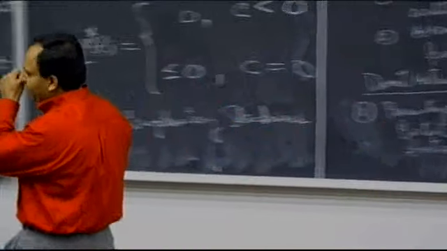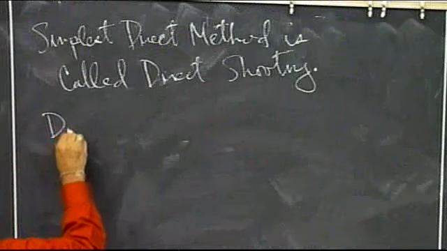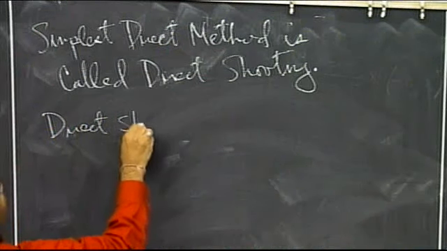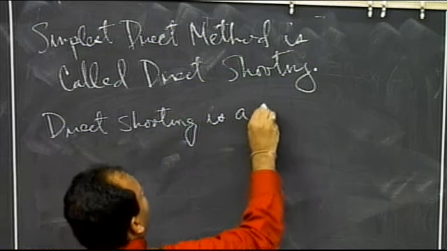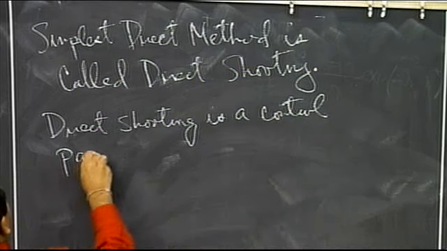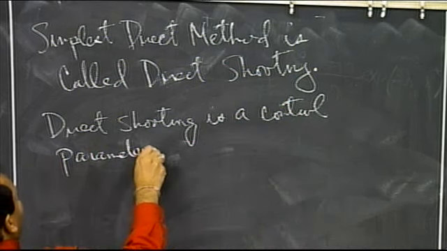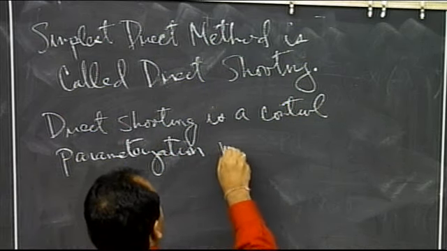So the way direct shooting works is this: direct shooting is a control parameterization method. It's not a state and control parameterization method. In direct shooting, the only thing we approximate is the control.